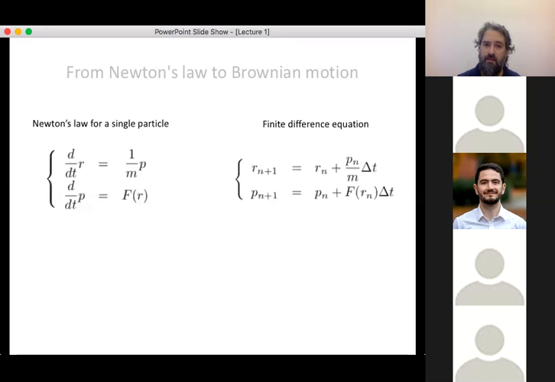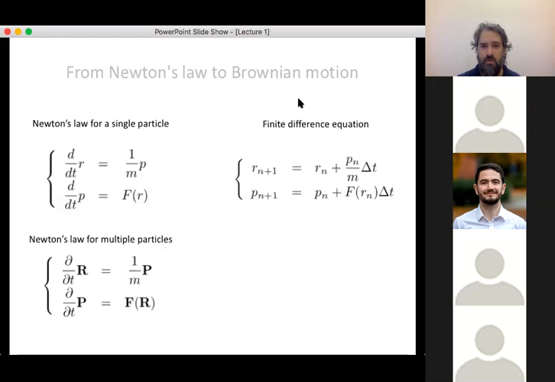And we can rewrite this as a difference equation, as you see here. I guess all of you know perfectly how to do this, so I will not go into the details. This is the Euler scheme, which is the simplest one. Of course, you have much better ones, but this is really all we need for what we want to do, which is to find how to model Brownian motion.